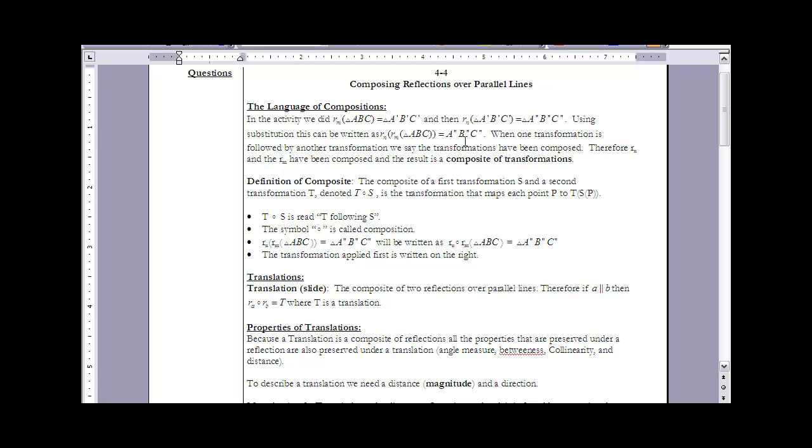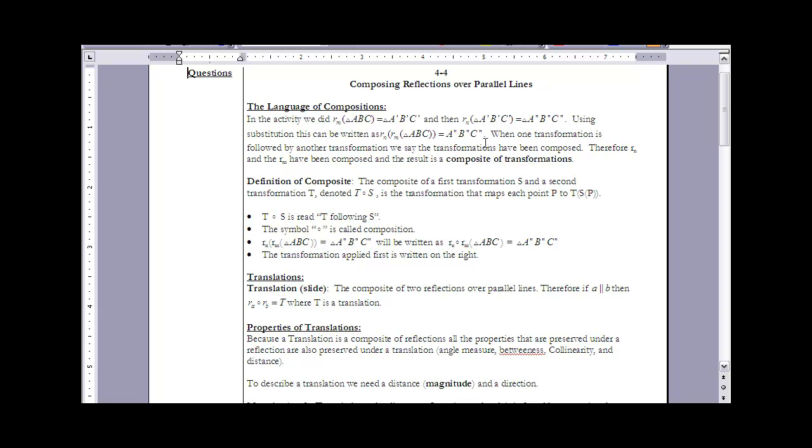So this is saying exactly the same as this. Really what we're saying is the reflection over N of the reflection over M of triangle ABC is triangle A double prime, B double prime, C double prime, or the second image of that figure.